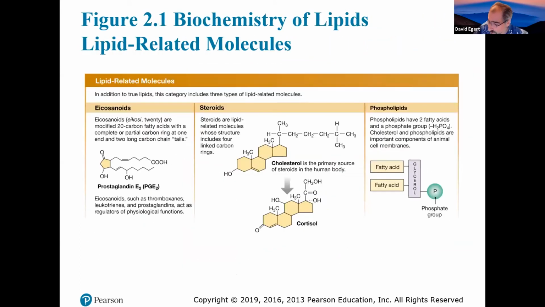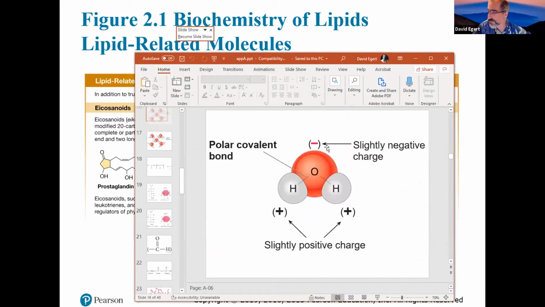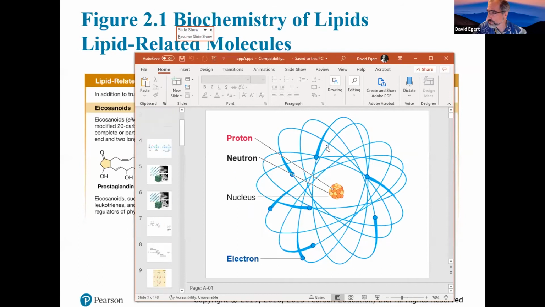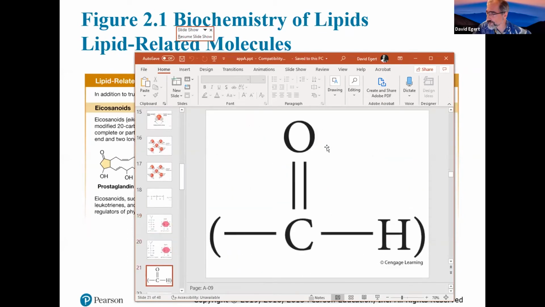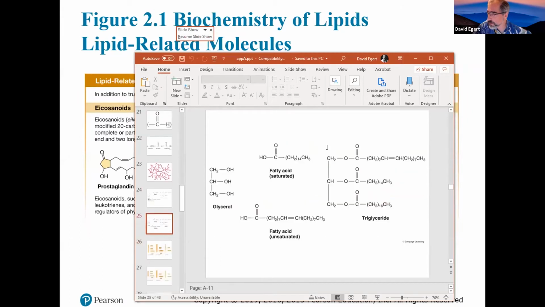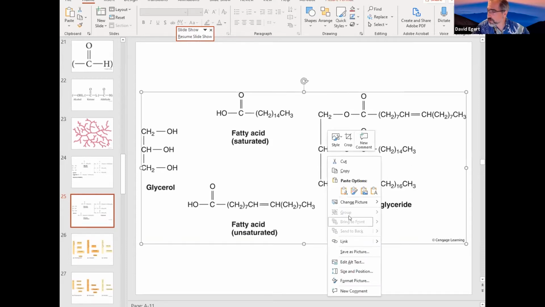All right, I'm gonna find something else here now. This is kind of showing this idea of, this is the glycerol basically right here.